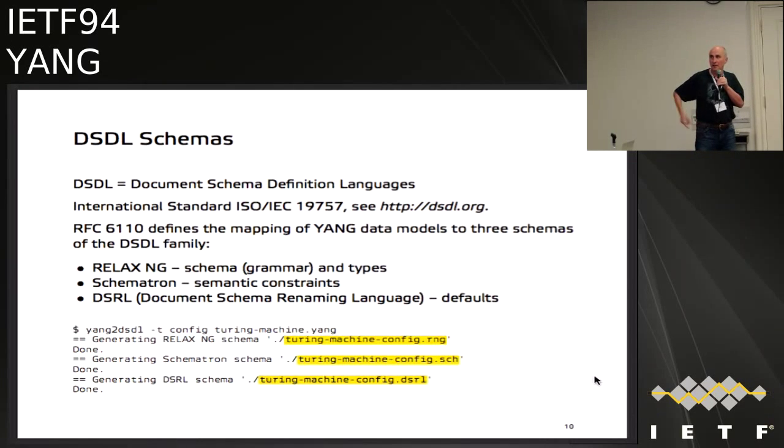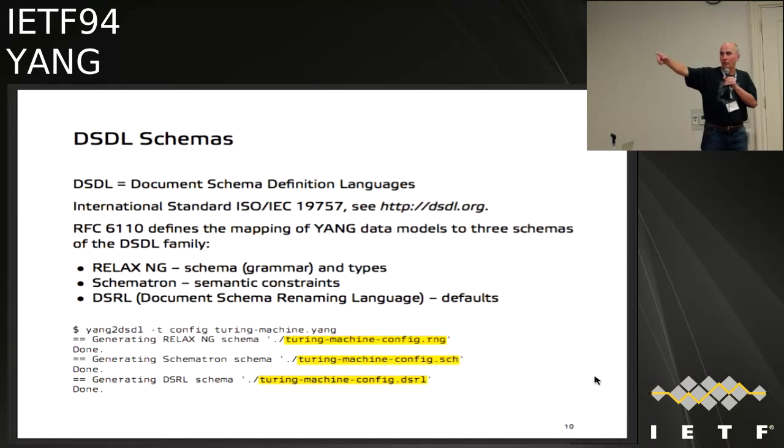It's a Relax NG schema that's used for checking grammar, the schema itself, and data types that Carl talked about previously. Another schema is about semantic constraints, which is Schematron, another well-known XML schema language. And the third part, that's not very common so far, is used for adding defaults to the instance document. I will again explain why this is necessary and how it works on the next slide.